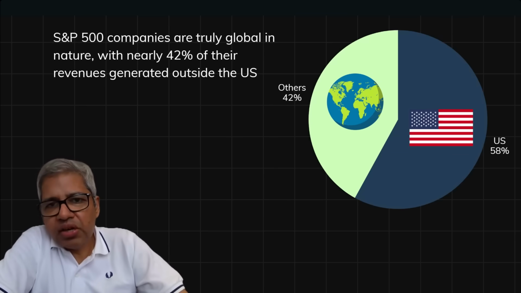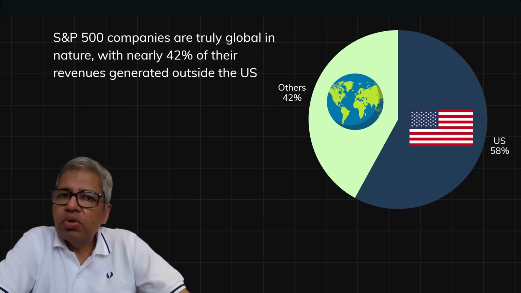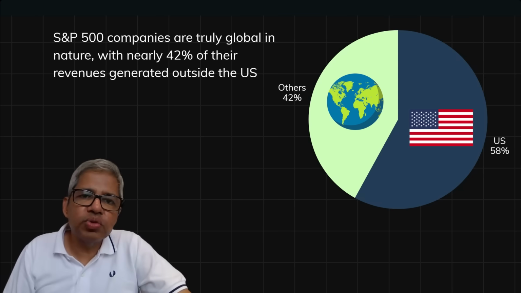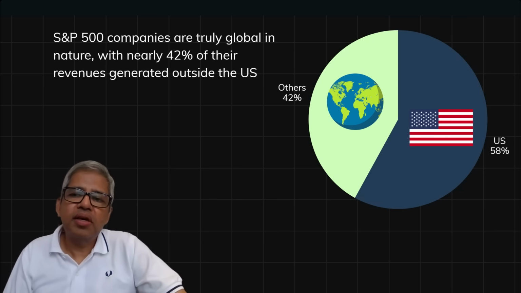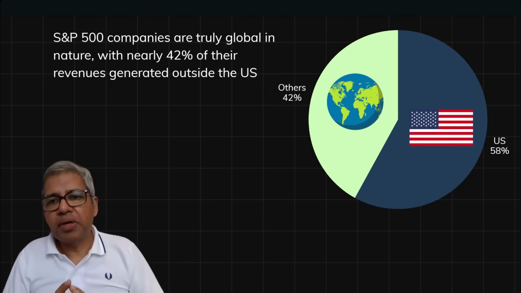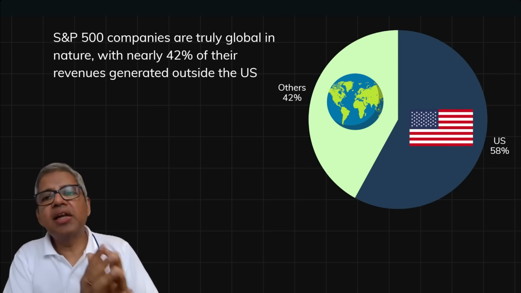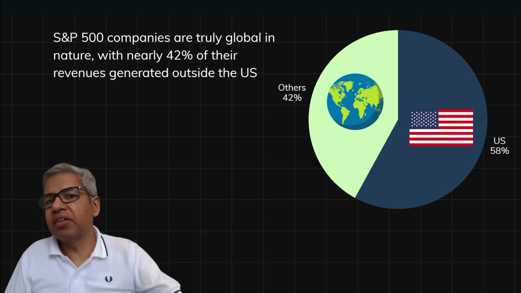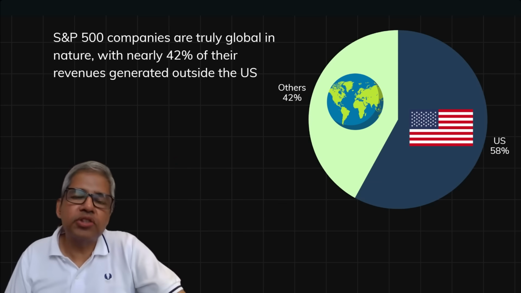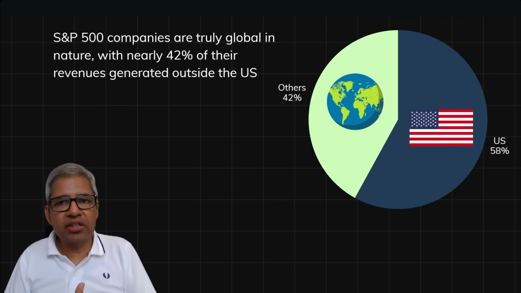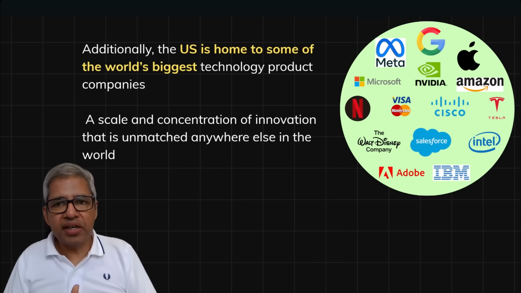When we look at the factors, that is, of US companies, US companies are global leaders. They're truly global in nature. 42% of their revenues are generated outside the US. So there is, of course, no comparison between the scale and size of companies that they have. Nvidia is $4 trillion now. It's almost equivalent to the entire Indian market if you compare the market cap of that company.